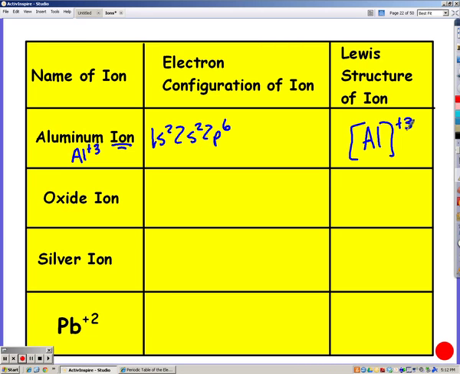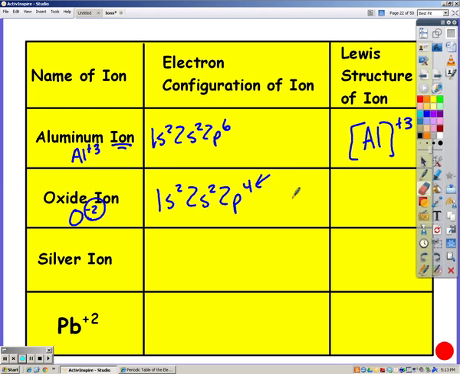So oxide ion is oxygen, and oxygen has a -2 charge. So I write my electron configuration, but since it's a -2 charge, then that means I'm going to gain 2 electrons, and I would gain them in the 2p.